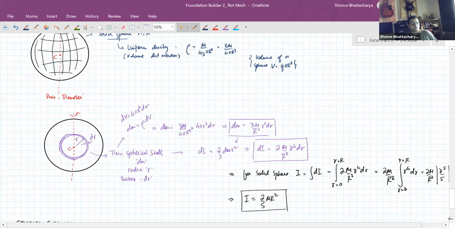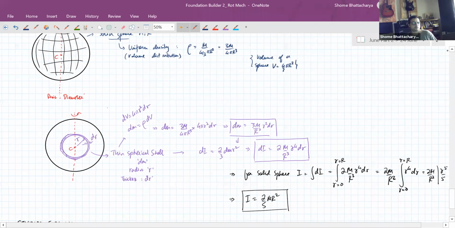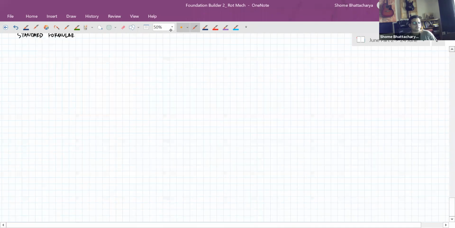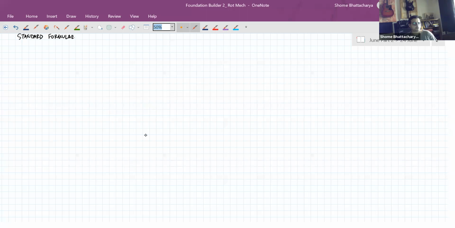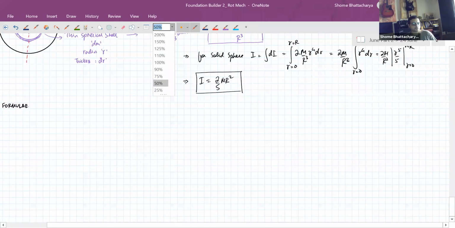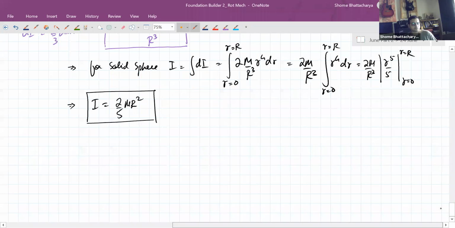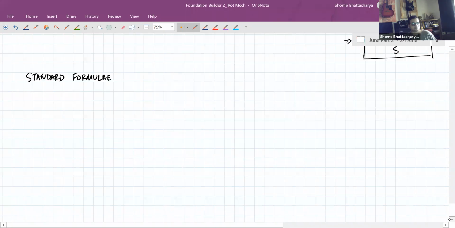So let's just take a quick list of the formulae that we have developed before we move on to the next aspect of moment of inertia. Just a couple of important theorems.